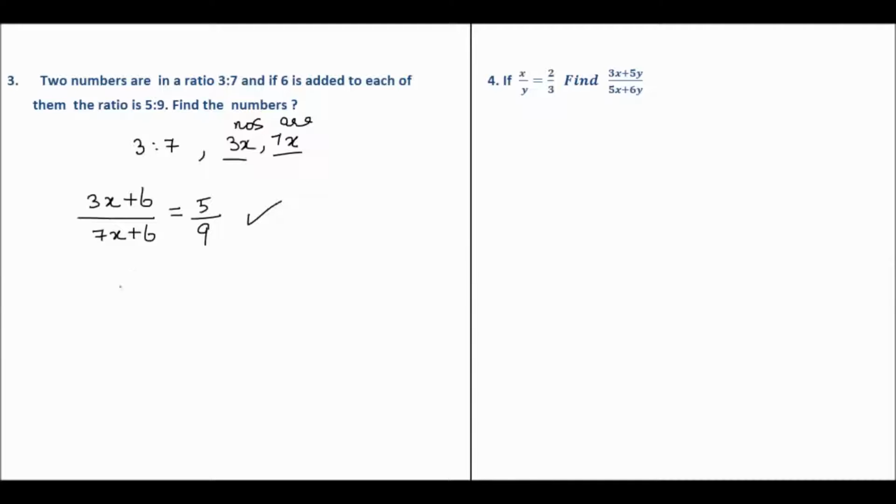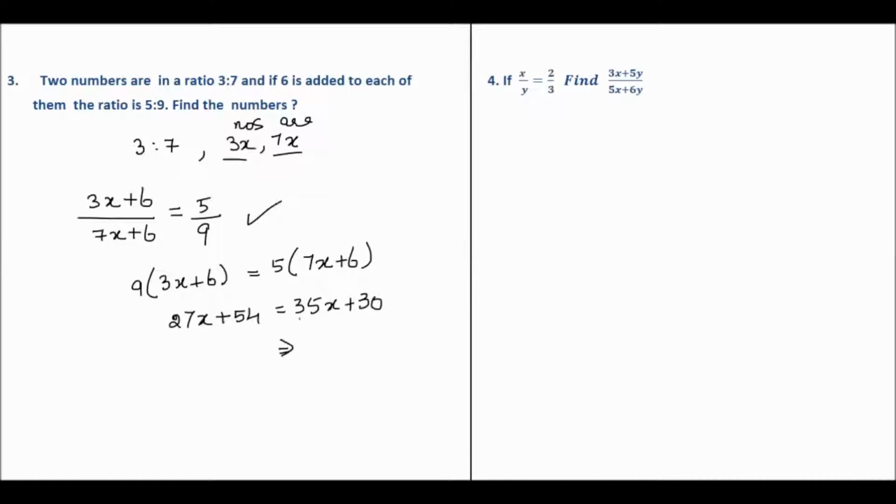So now 9 into (3x plus 6) is equal to 5 into (7x plus 6). On multiplying, 27x plus 54 is equal to 35x plus 30.